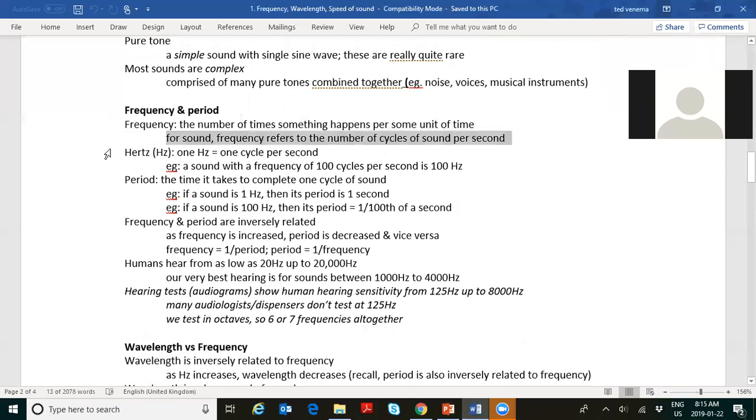And hertz, 1 hertz is 1 cycle per second. A sound with 100 cycles per second is 100 hertz. Period is the time it takes to complete 1 cycle. So if a sound is 1 hertz, then its period is 1 second.